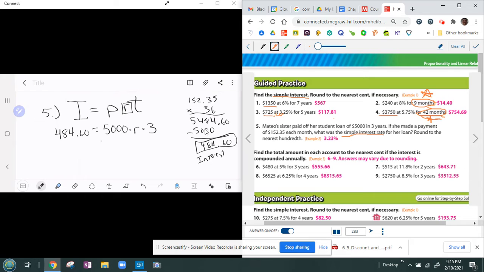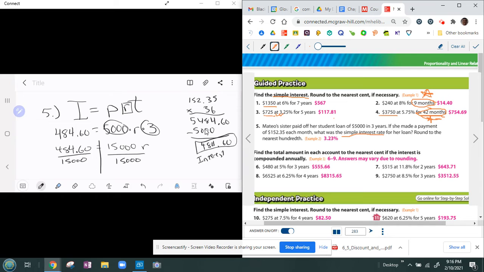Now we have to solve for R. We can use the commutative property and multiply these together. So that's going to be 15,000 R equals 484.60. Then we're going to divide by 15,000.